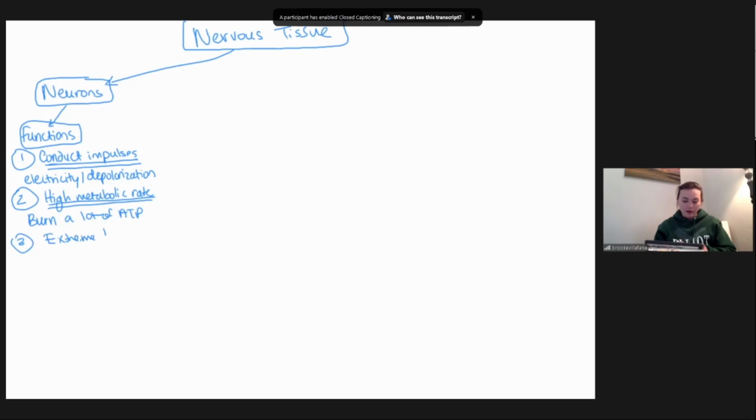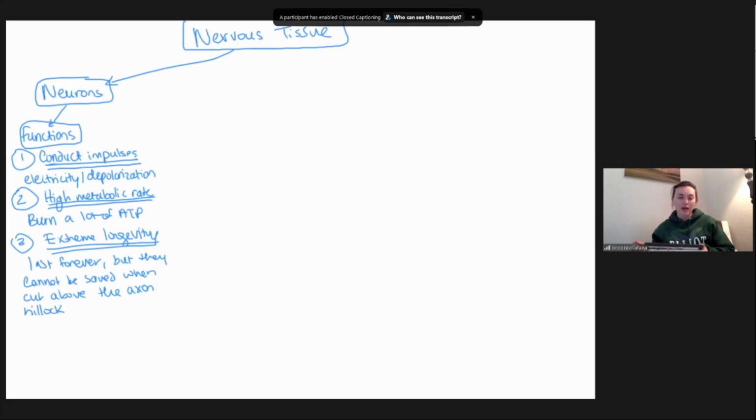They have extreme longevity. This means that they live for a very long time. They last forever, but they cannot be saved when cut above the axon hillock. So you know how like lizards can grow back their tail?